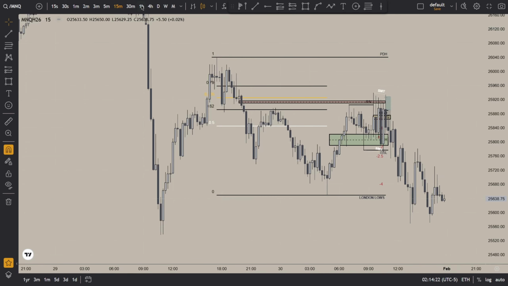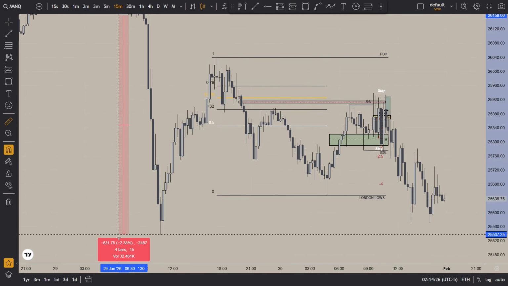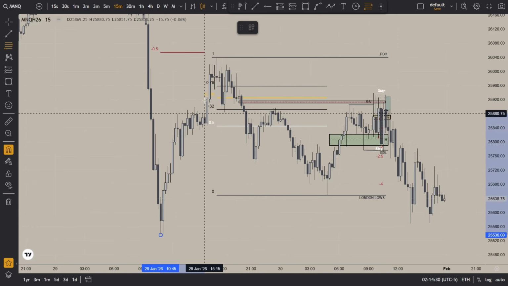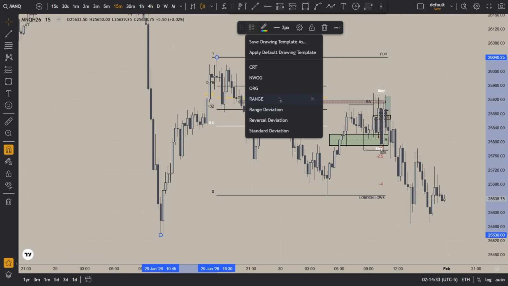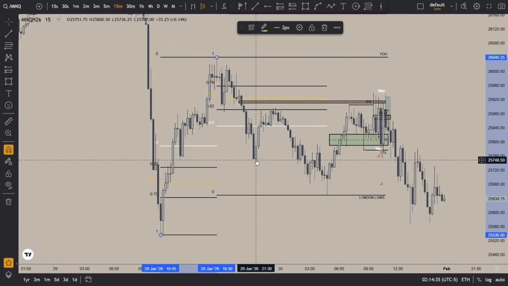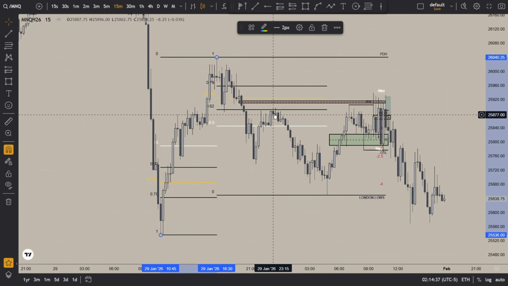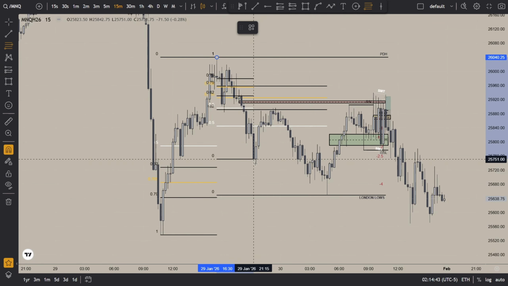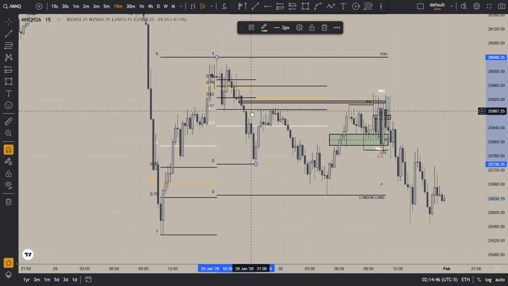I can see that we have created this range after dumping the 600 points, like I said. On the way back, what have we done? We've tapped OTE, as you guys can see. We tapped OTE once, came back, generated more highs, and it's EQ right there.